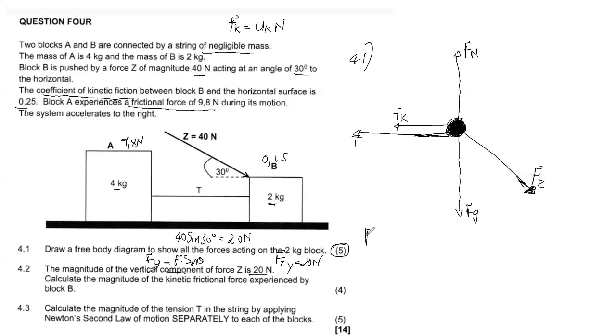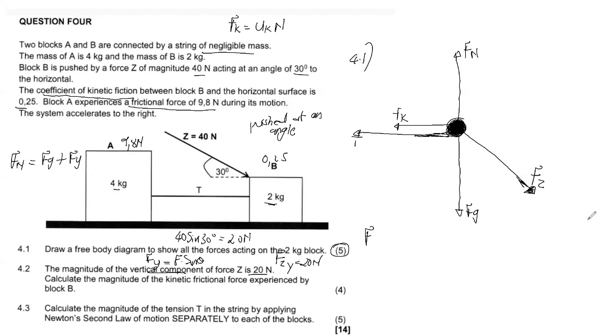Using the formula here, we know that since this is being pushed at an angle, the formula that we use for objects that are pushed at an angle is the normal force is equal to Fg plus Fy, right? So why?